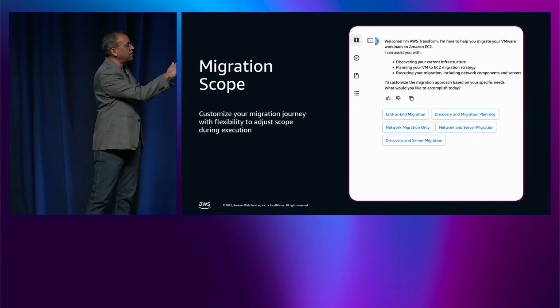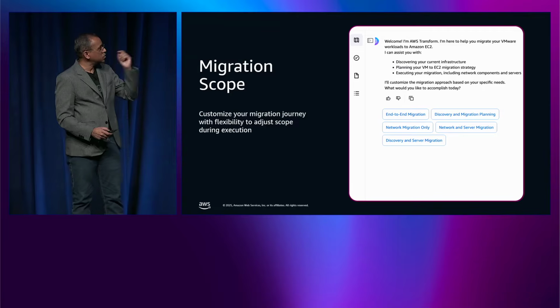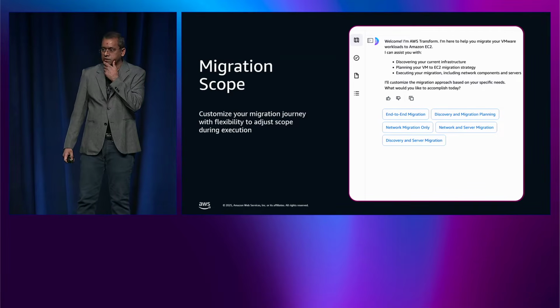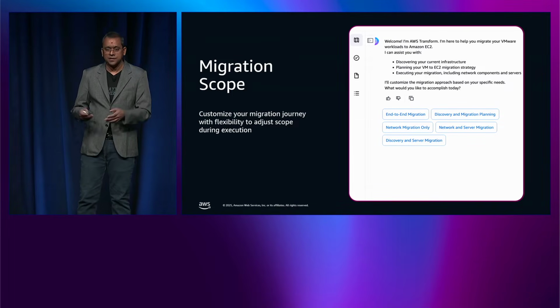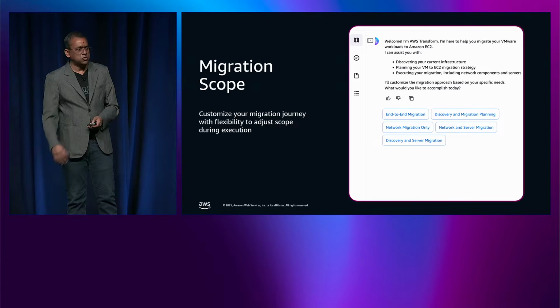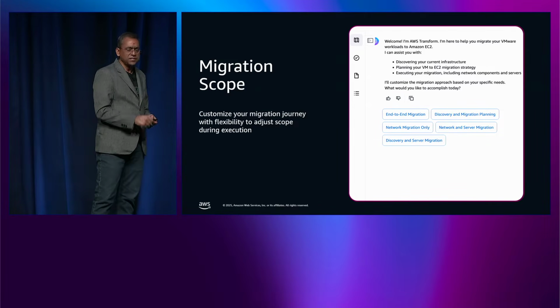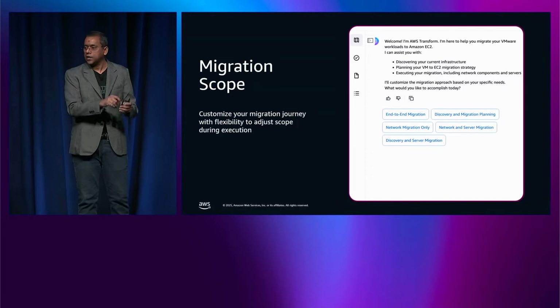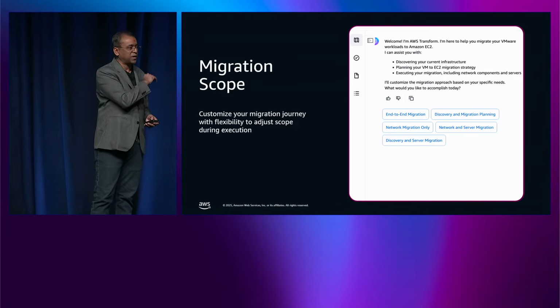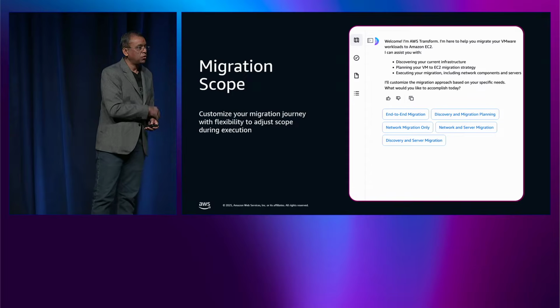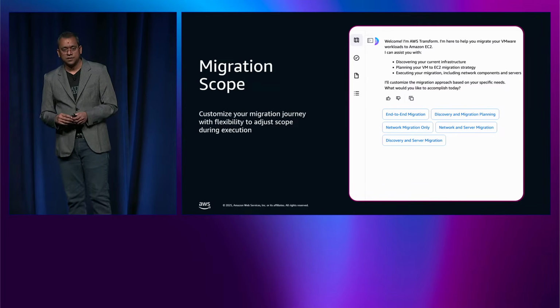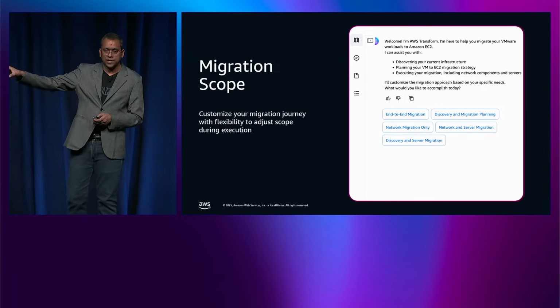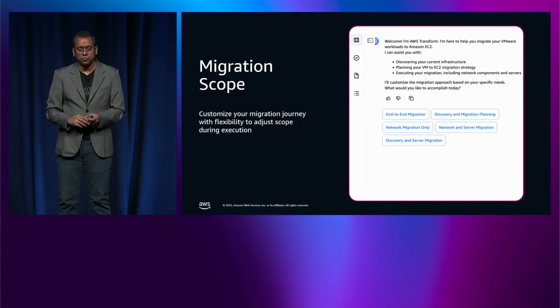You can start anywhere. You can say, okay, let's just do discovery and server migration. It is not going to include anything related to network and all. You start doing migration and say, hey, this is good, I actually want to provision my network also with that. You can tell the agent to add network migration here as well. Or you started with end-to-end migration, and you say, hey, my network people are kind of busy right now, I want to skip that part.